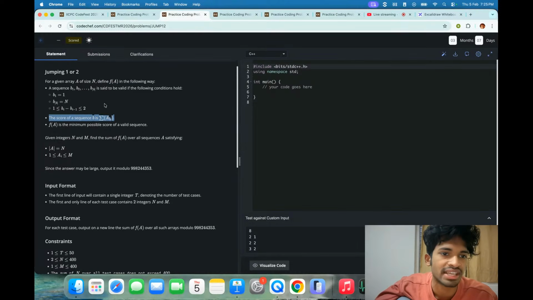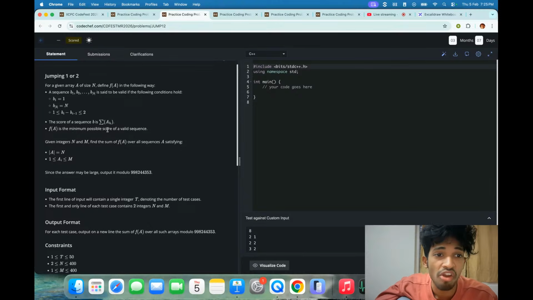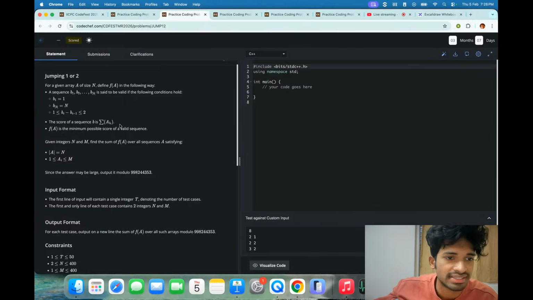The score of the sequence b is the summation of all the values of a of b of i. You have an array a, the values are between 1 and n. The score is whatever the array a has the values, right? And f of a is the minimum possible score of a valid sequence. So it's a nice problem.